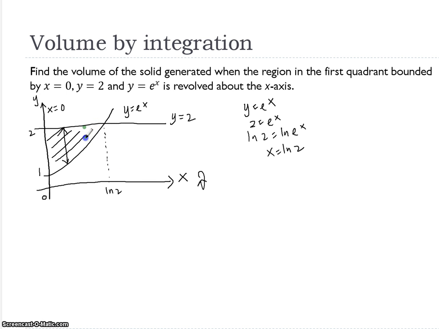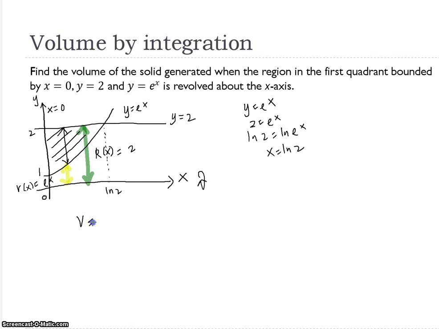If you look here, this part from y equals 2 down to the x-axis is the outer radius, and from the curve itself down to the x-axis is the inner radius. So for the outer radius, capital R(x) is equivalent to 2. For the inner radius, r(x) equals e^x.